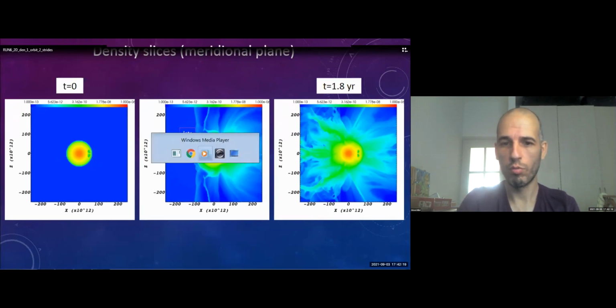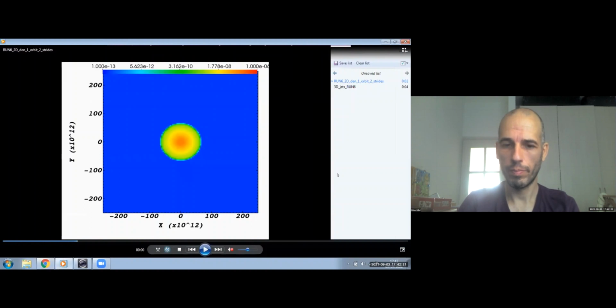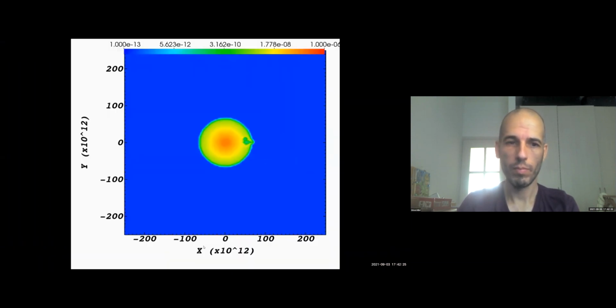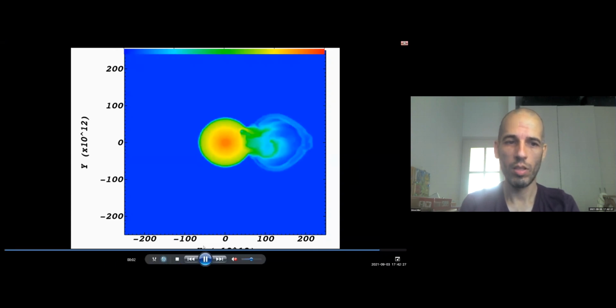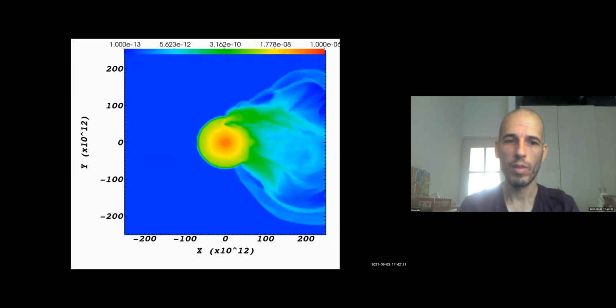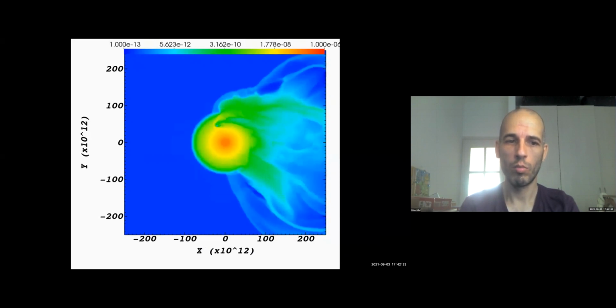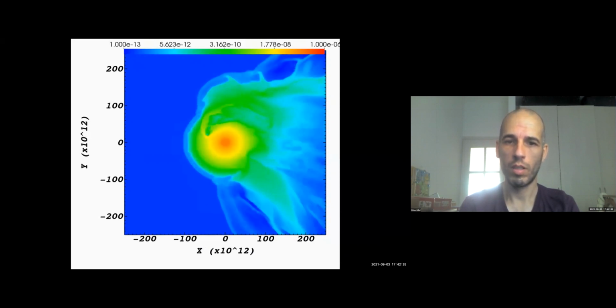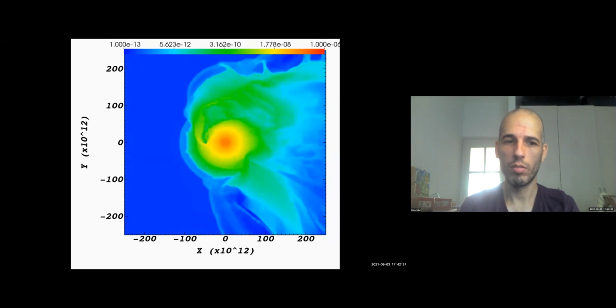Let me show you two movies. Here again is the evolution in the equatorial plane. As you can see, the neutron star orbits counterclockwise in the envelope of the red supergiant.